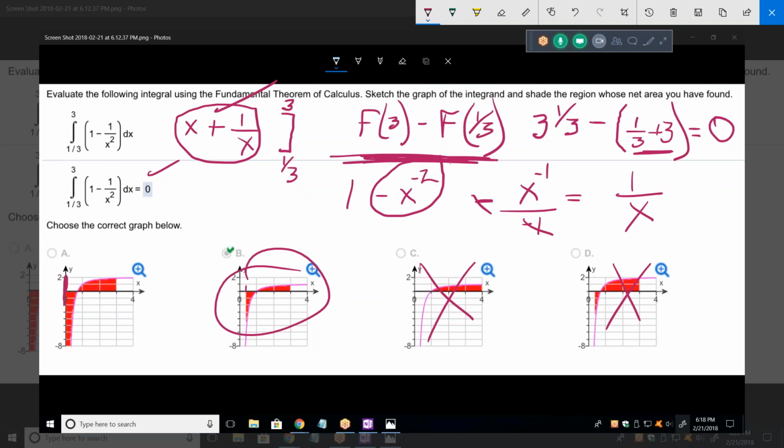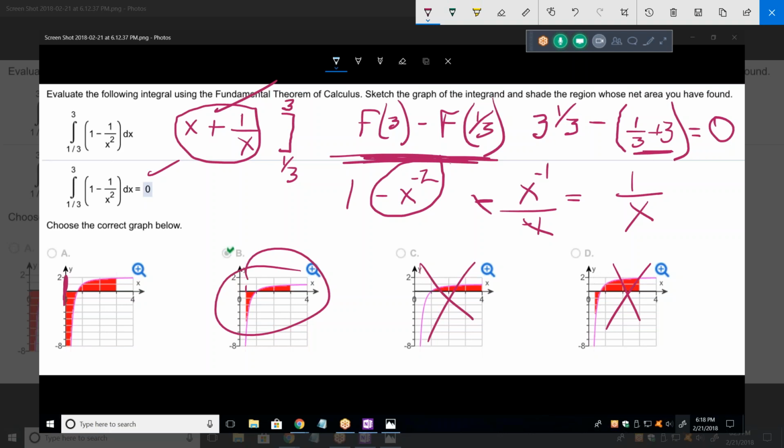Whereas this looks like the part above the x-axis is about equal to the part below the x-axis. In other words, I was able to choose it by process of elimination, really.